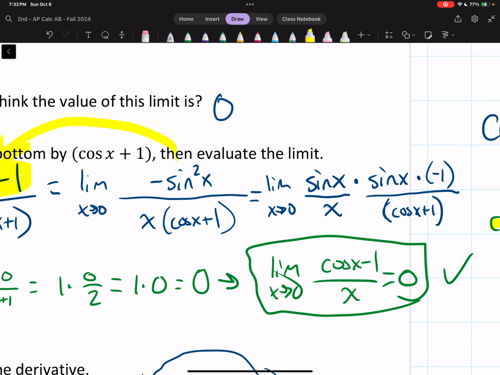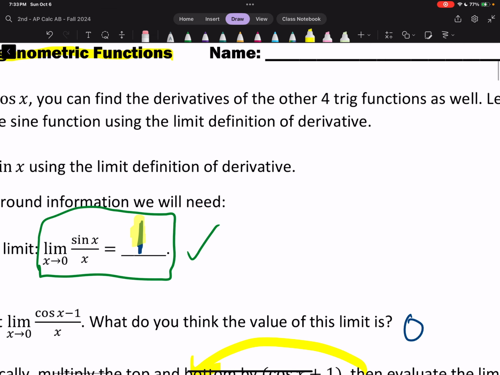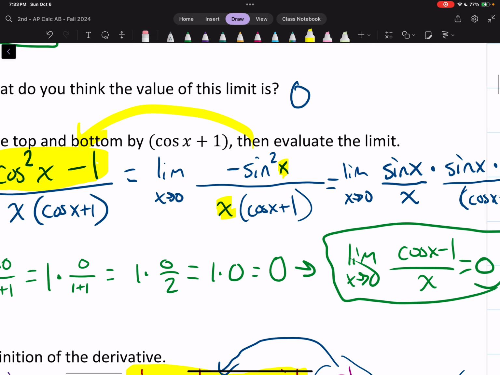And then we're going to manipulate this a little bit, seeing that this is really close to having that sine of x over x limit that we know is equal to 1 as x approaches 0.